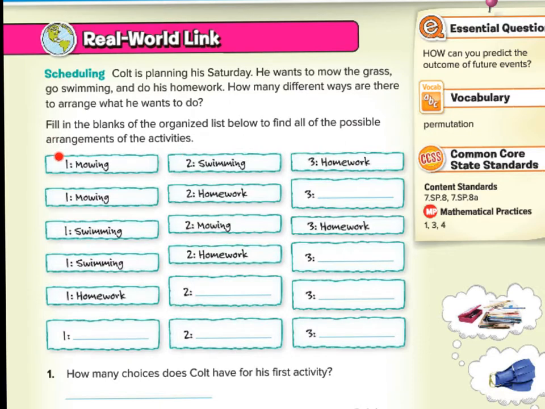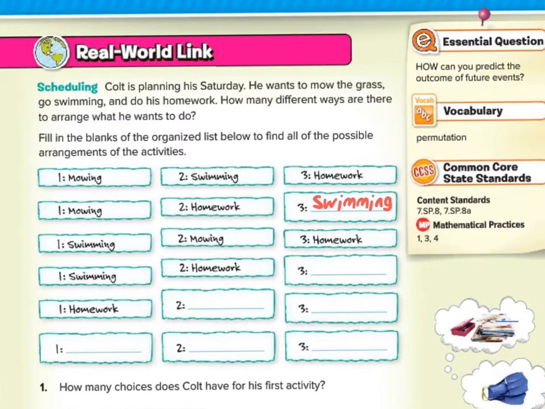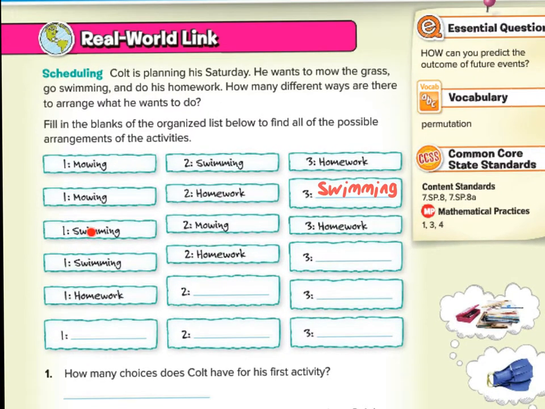So let's see. We have, for example, mowing the lawn. You could do mowing the lawn first. He could do swimming next and homework third. He could do mowing the lawn first, homework next, and then what would be here? Swimming, right? That's the only one left. And now if we wanted to put swimming first, then we put mowing and homework and so on.